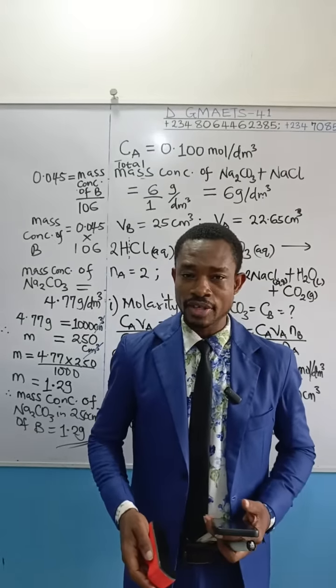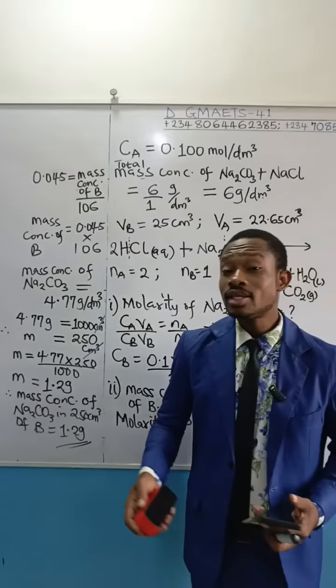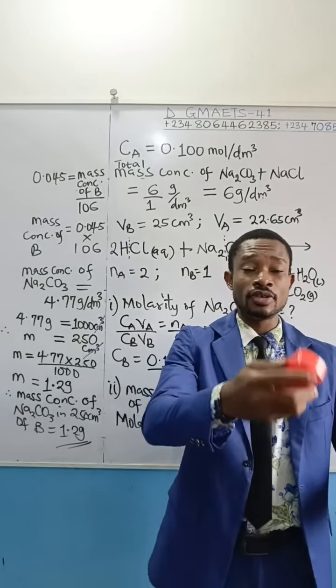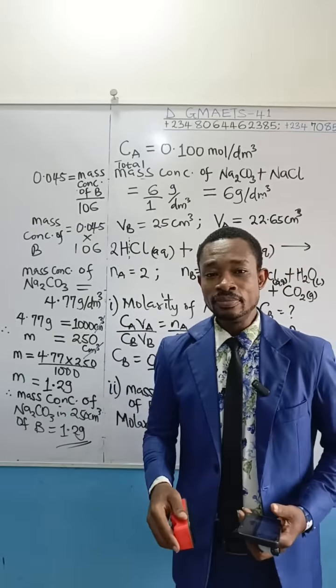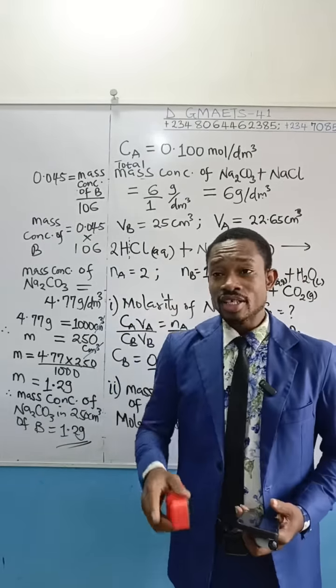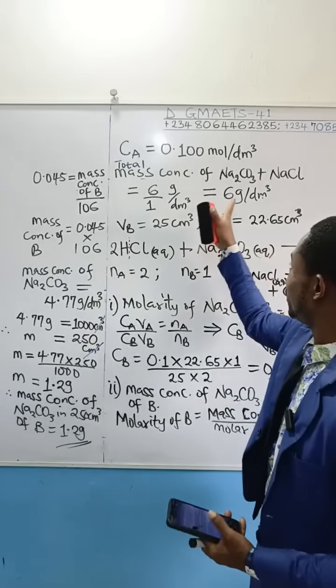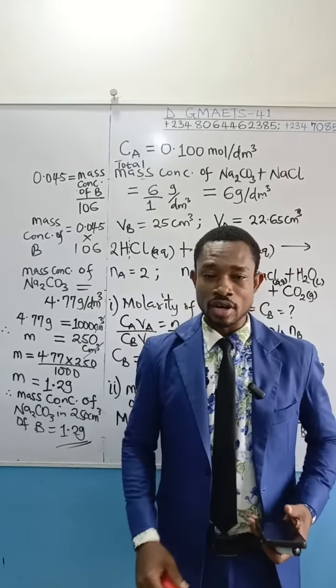Are you following, right? So what do we do? It's simple. Percentage by mass of anything, percentage purity, percentage impurity, is simply the mass of that substance divided by the total mass, which is the mass of the mixture. The impure one, here it is 6 grams, right? Then multiply by 100.